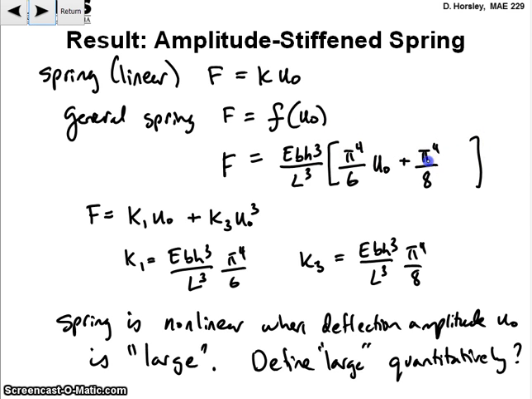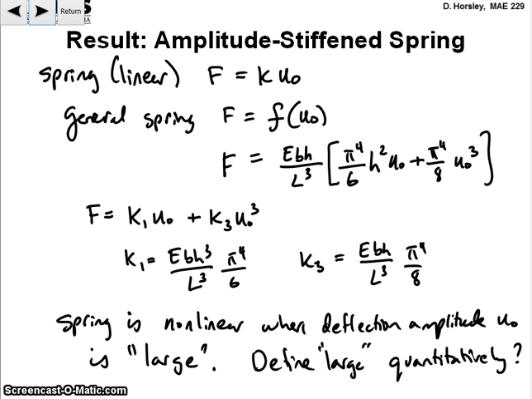I end up with an h squared times u naught here, and pi to the fourth over 8 times u naught cubed. Now I need to fix it here also. So this is E b h cubed over L cubed. I think I fixed it everywhere, so that looks good.